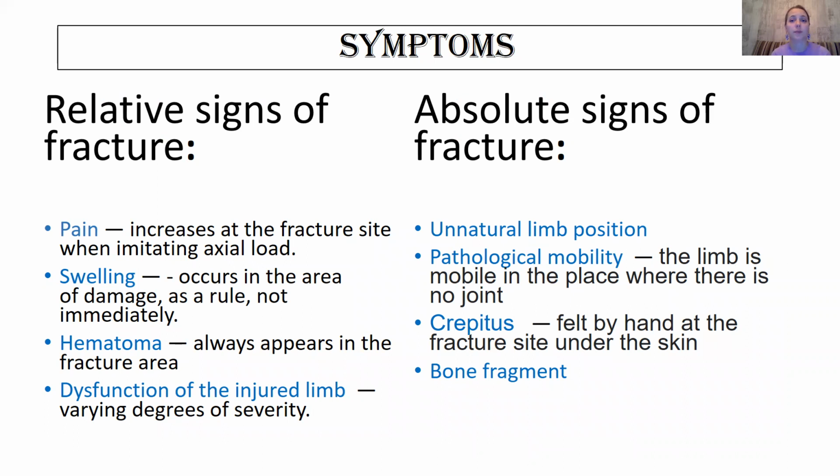What about the swelling? Swelling occurs in the area of damage as a rule, but not immediately. This sign has relatively little diagnostic information because all trauma always has swelling. What about the hematoma? It always appears in the fracture area because we have damage of bone. However, with a bruise or contusion, a hematoma may also appear when the patient has a contusion of the muscle.